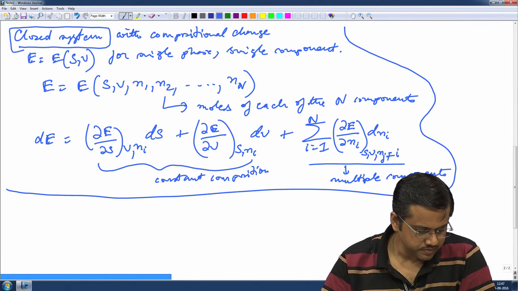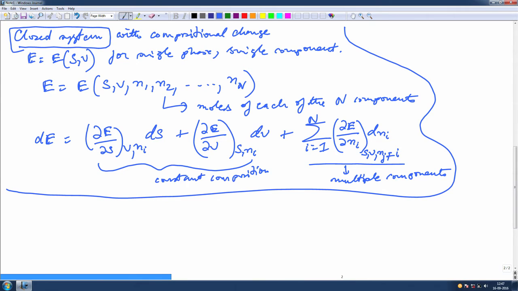Okay. Now, from our own knowledge of things, we already know that dE by dS at constant V and Ni is equal to T, right, and similarly dE by dV at constant S and Ni is equal to minus P, right.